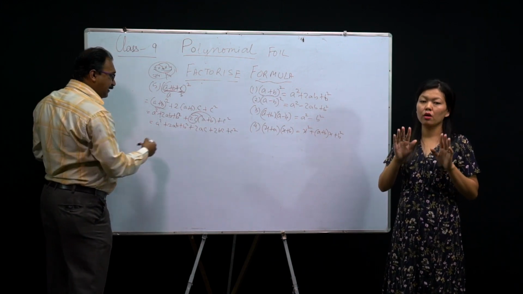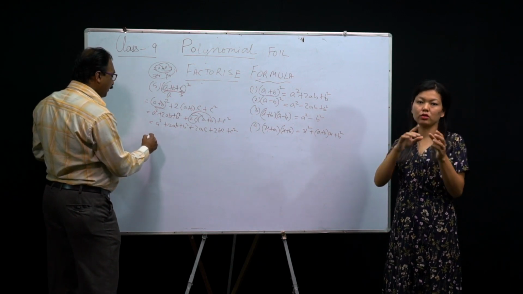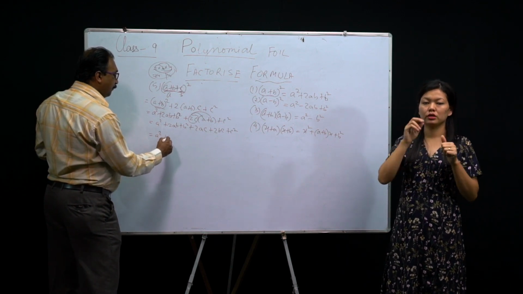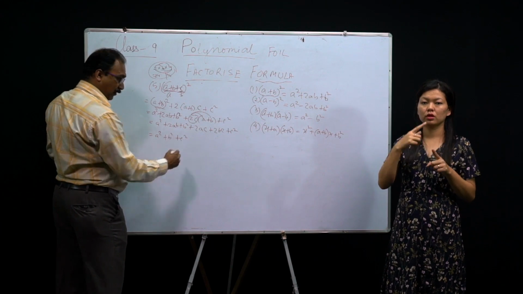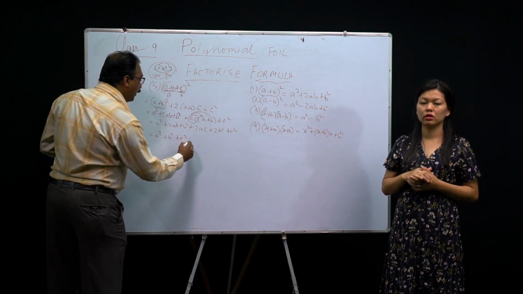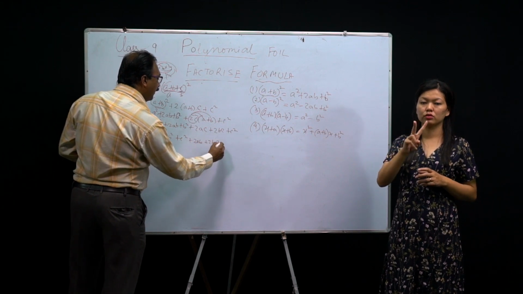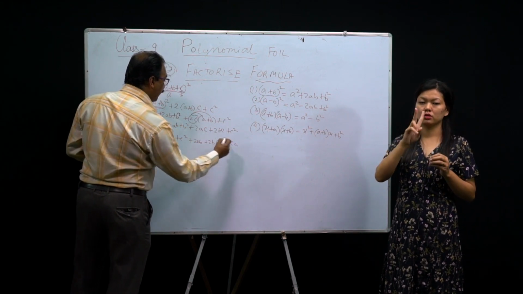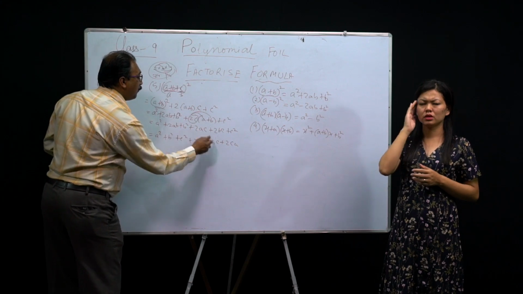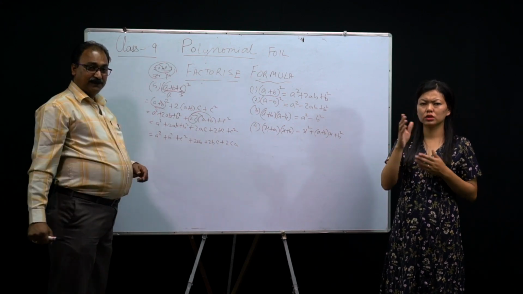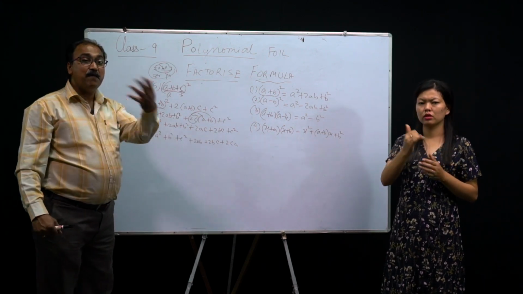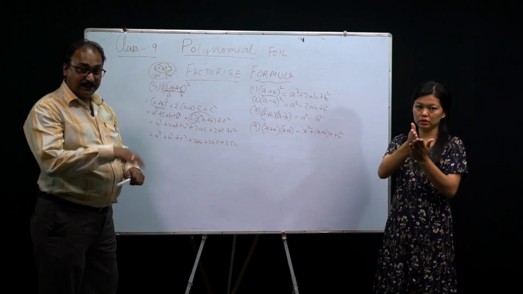Now how to rearrange this? First you write the square terms: a square, b square, plus c square. Then you write 2ab. Then you write 2bc. Then you write 2ca. You may be thinking, sir, 2c is here, why write it last? I'll show you. This is the way you can remember the formula. That's why I'm making it in this manner.